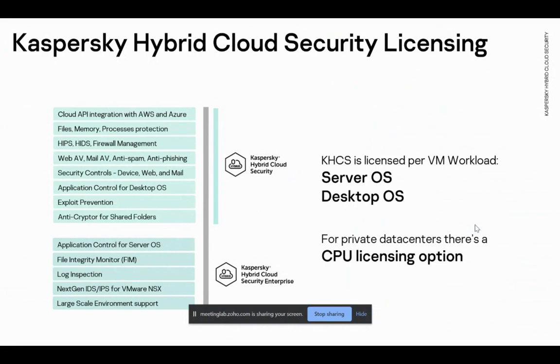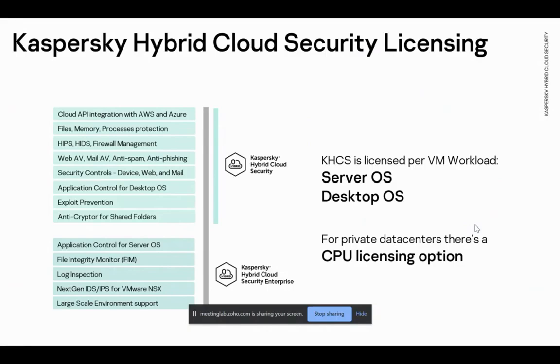large scale environment support. Now KHCS is licensed per workload, or per VM, or for private cloud it can also be per CPU. So either it can be per workload or per CPU. Per workload is usually the standard one for on-prem or for cloud, but for cloud you always go with per workload because you don't have control over the CPU, with auto scaling and all those.